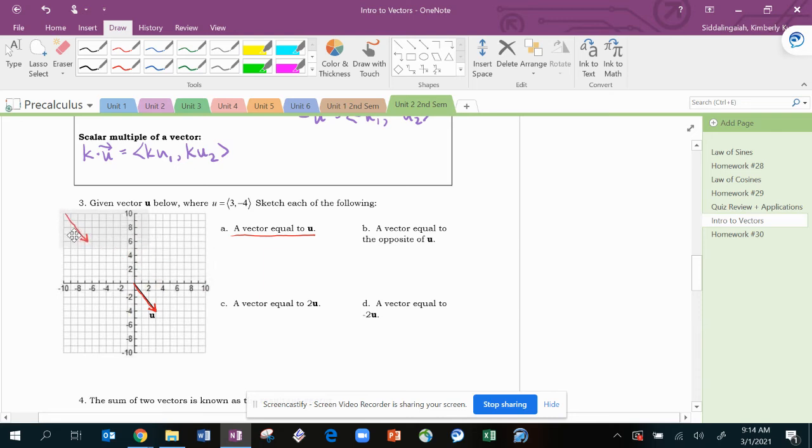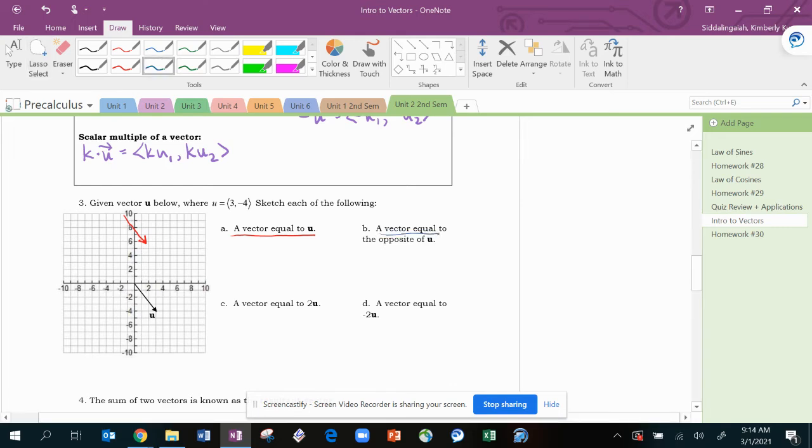So if I wanted to put it up here, I could. That's a vector equal to u. And it doesn't really matter where it lands, by the way. I could have put it over here. So anywhere on the plane, as long as it keeps the same direction and the same size.